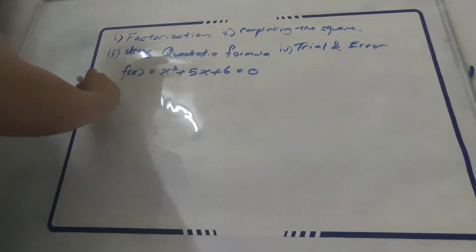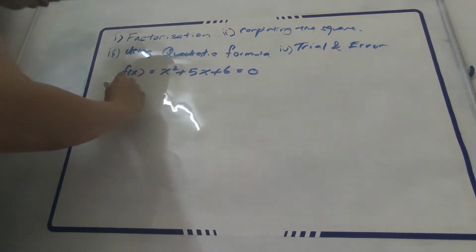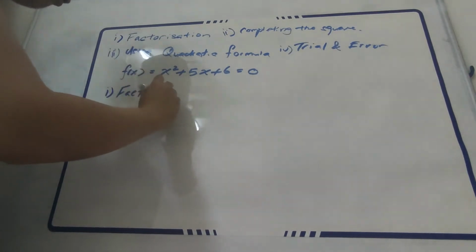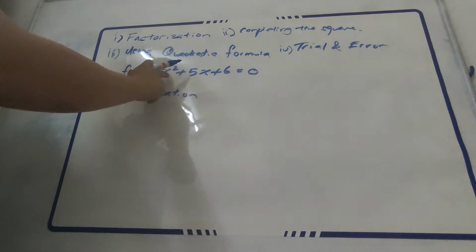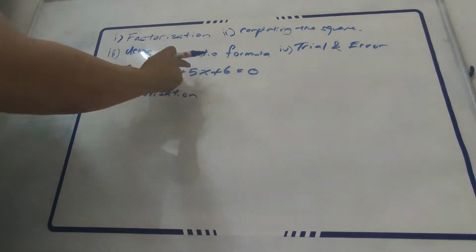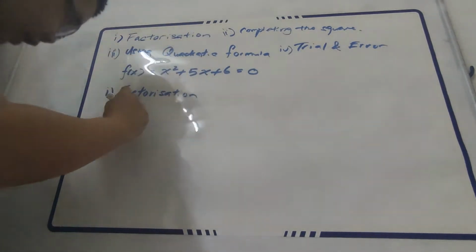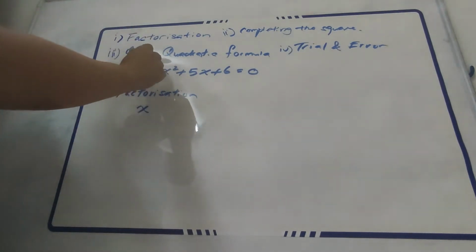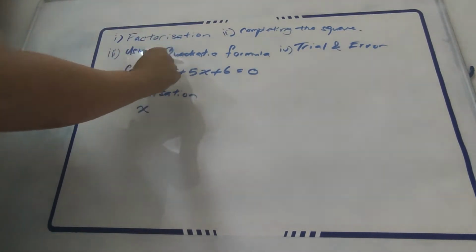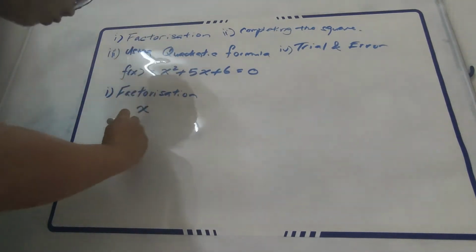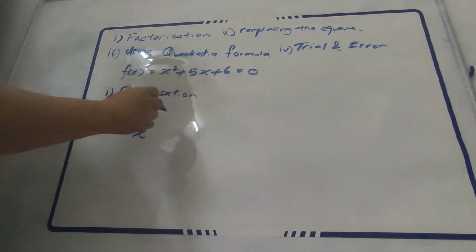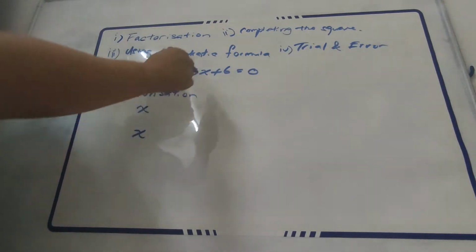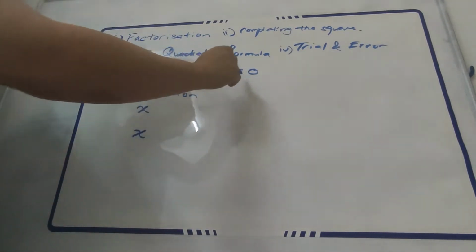Okay, for first, factorization means that you need to factor out. So you know that fx equals x squared plus 5x plus 6. Then how do you get an x squared? x times x. So you draw the cross diagram. What is the way to become 6?